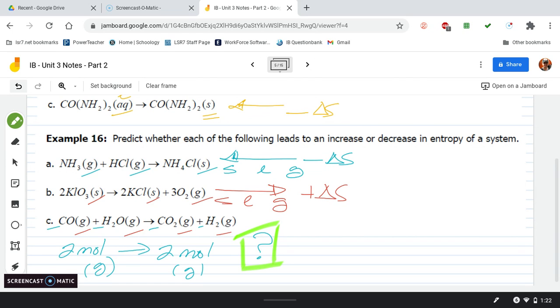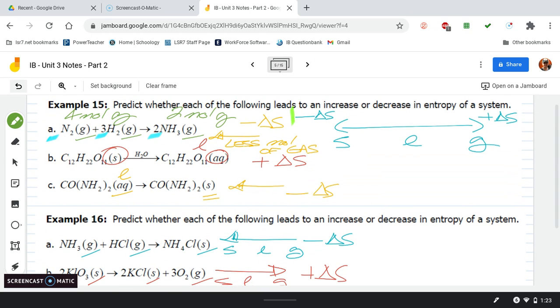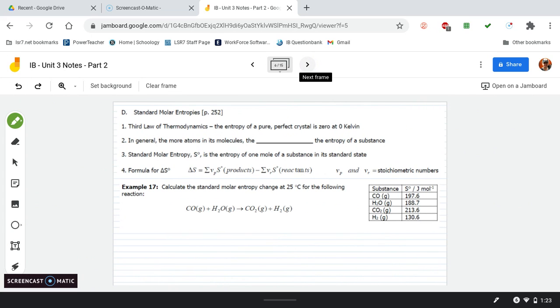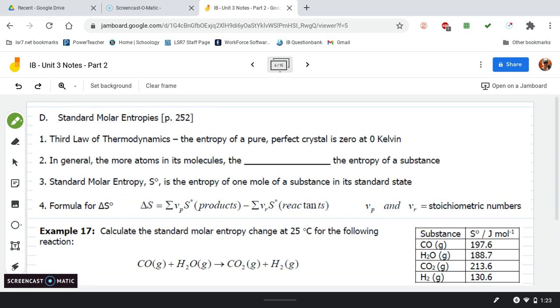All right, so there you go. And what are we going to use this for? Well, the sign on this delta S is going to become extremely important when we start doing the math problems, because if you have the wrong sign, then of course your answer is going to be incorrect. So here we go. Guess what? We have another item that we can solve numerically, the S, but it solves the same way.